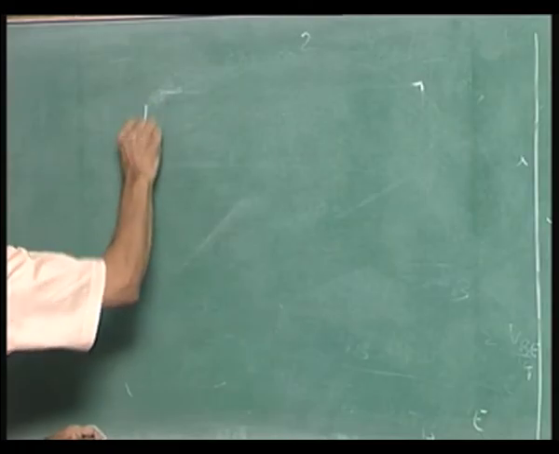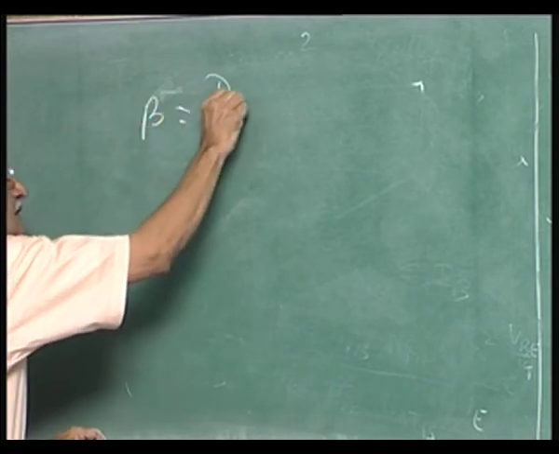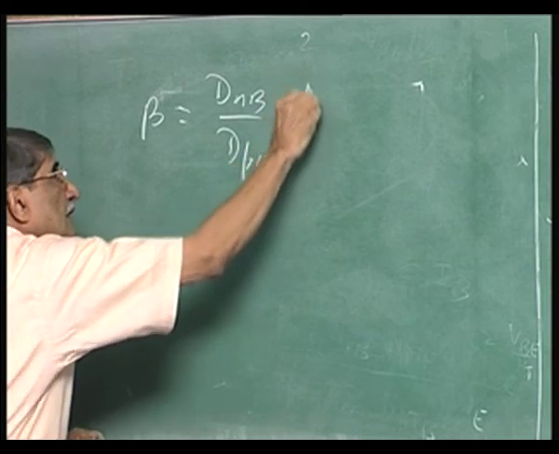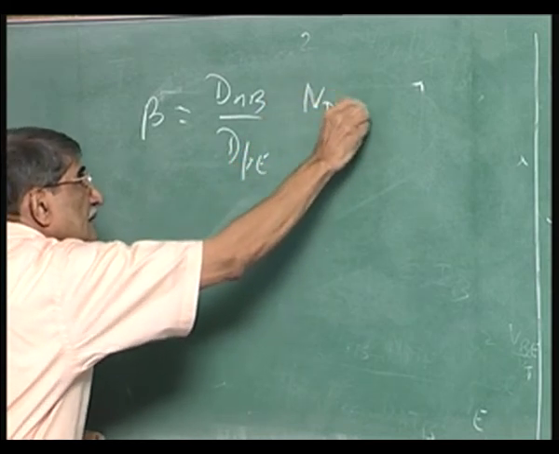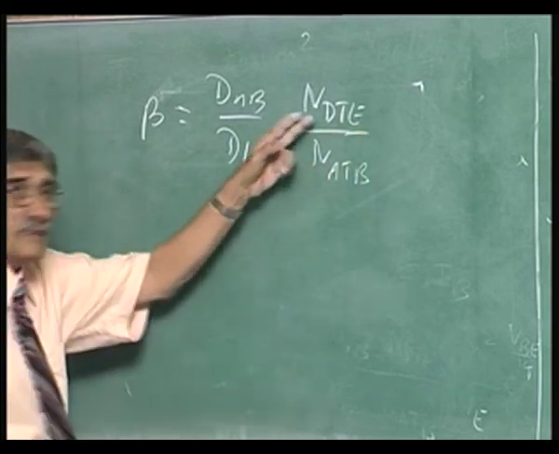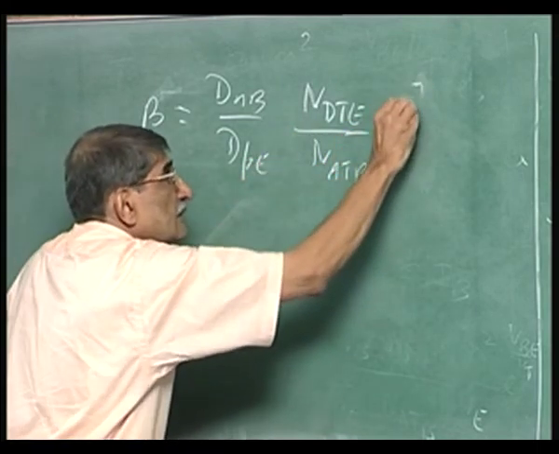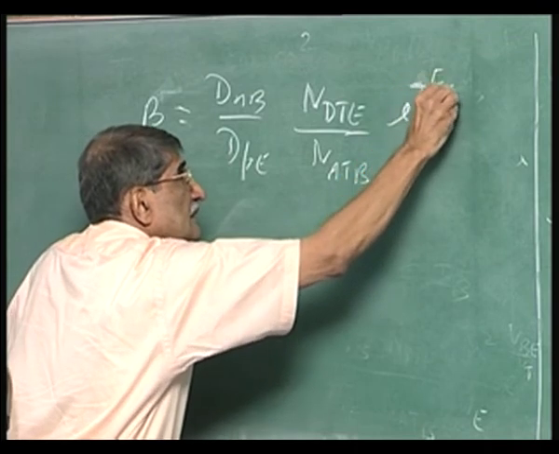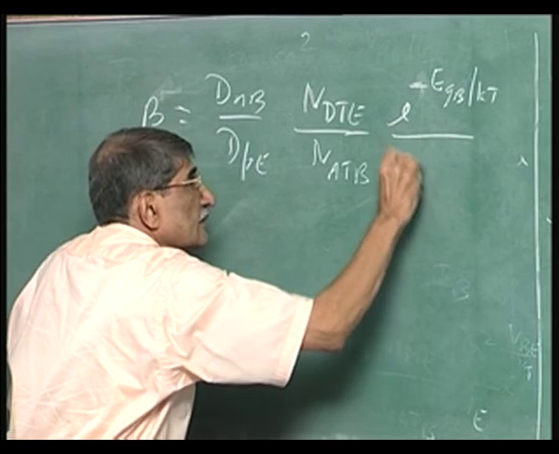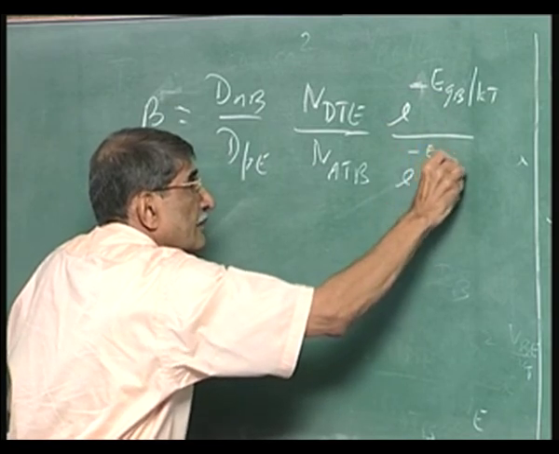So, beta is DNB by DPE, NDT emitter divided by NAT base. I want to cut that down. E to the power of minus EGB by KT divided by e to the power of minus EGE by KT.